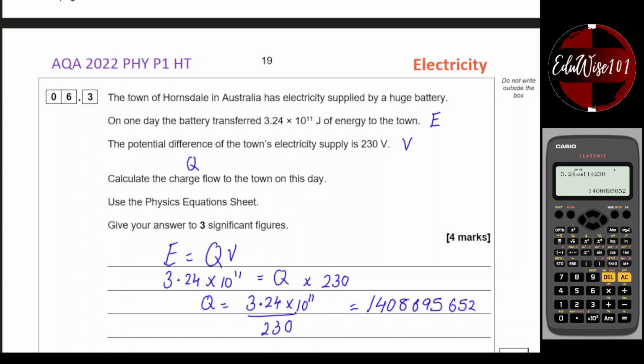Now they want the answer in 3 significant figures, so I can write it in standard form. 1.41 times 10 to the power, oh, 9, not 6. Let me change that. That's 9. So 1.41 times 10 to the power 9 coulombs.